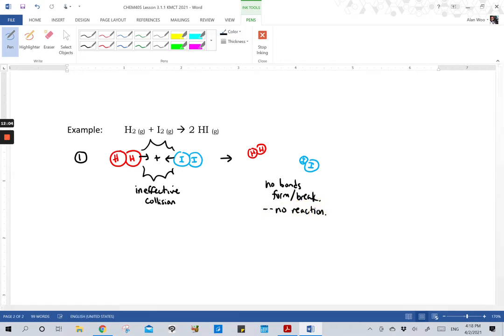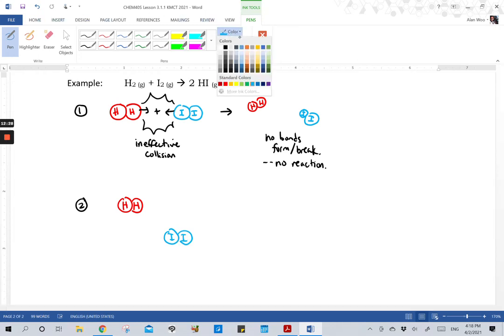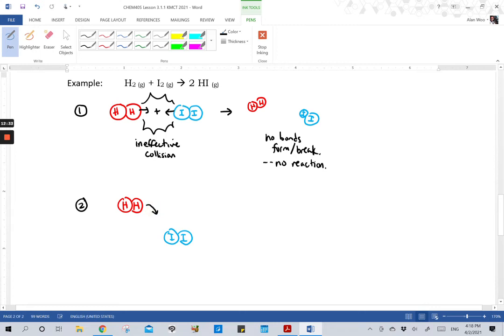Now, in scenario 2, we have the same situation, but let's say the iodine molecules and hydrogen molecules came at each other from different angles and different speeds. So let's say it came this way and this way, and they collided.